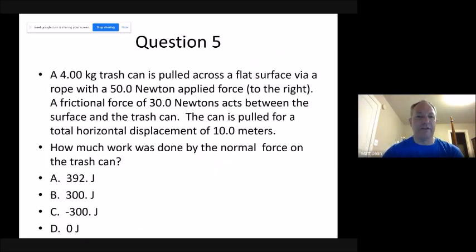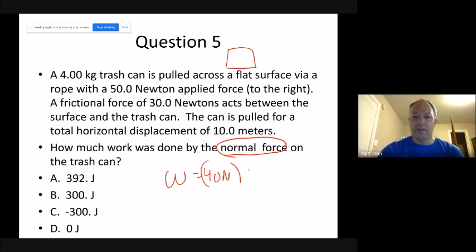Again, here's question 5. Looks like sort of the same question. We're looking here for the work done by the normal force. So work is equal to force. Normal force is equal but opposite to the weight. So it's 40 newtons. The distance is still 10 meters. Now we're looking at the angle between our force and our direction.